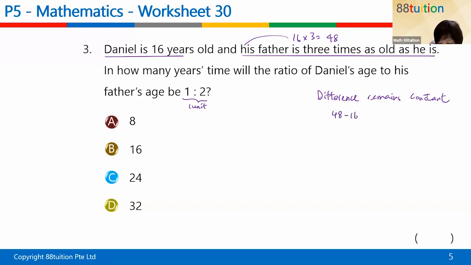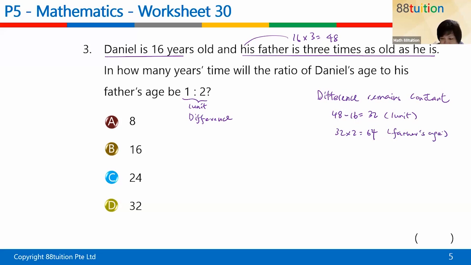So you have 48 minus 16, that gives you 32. And this difference in unit is also 1. So meaning to say this is 1 unit. If this is 1 unit, I need to find my 2 units, which is 64. So his age must be 64 for the father.